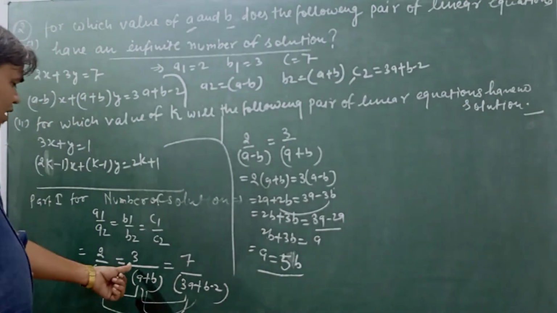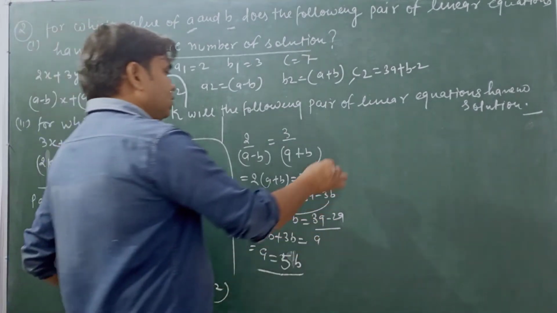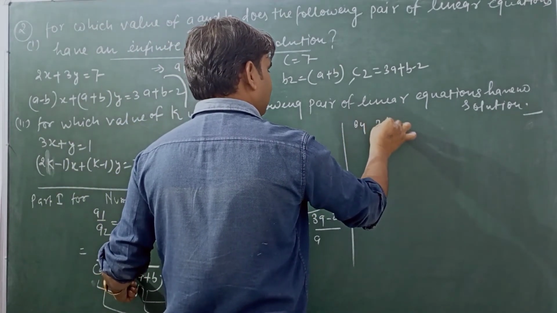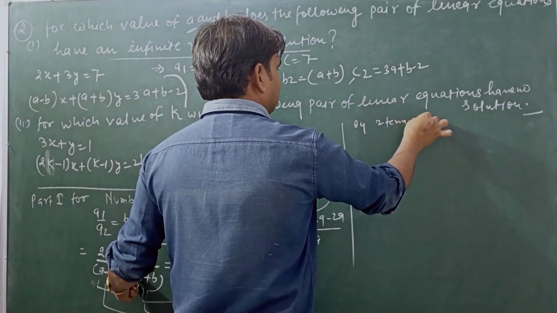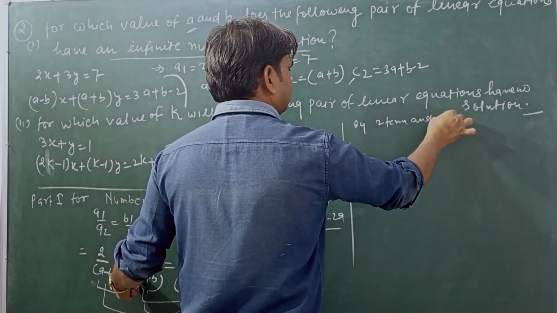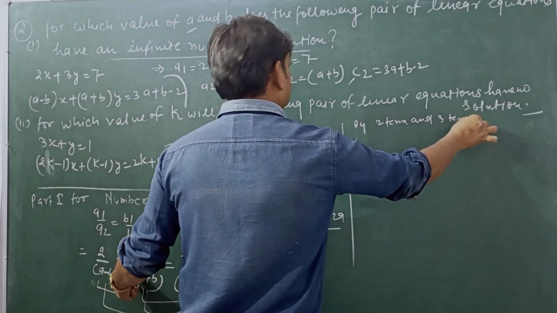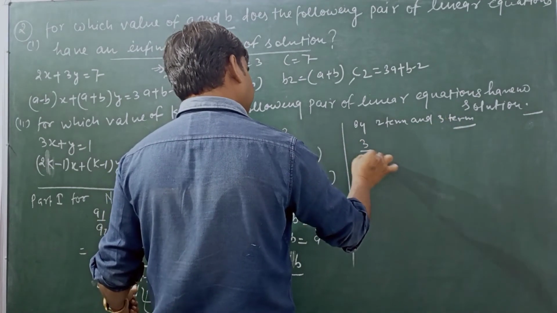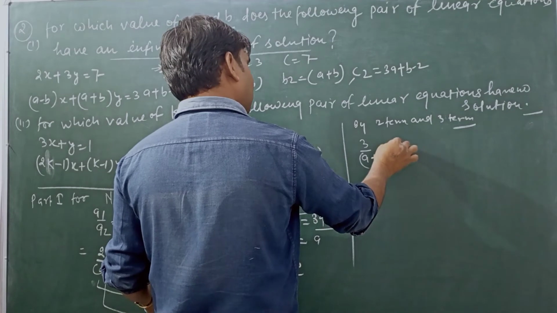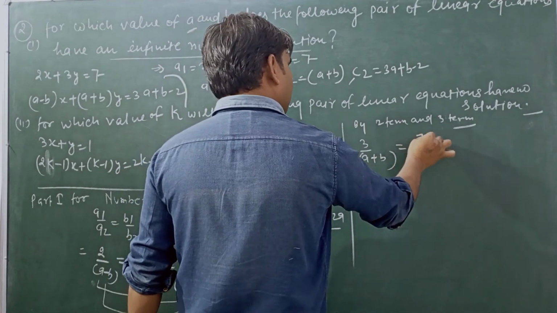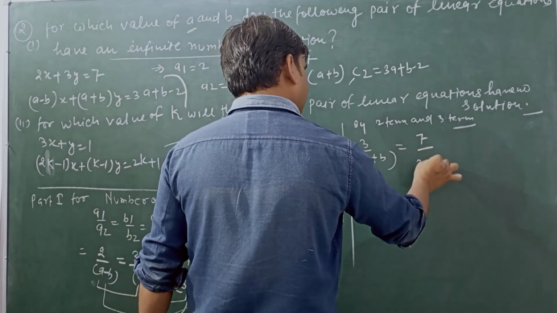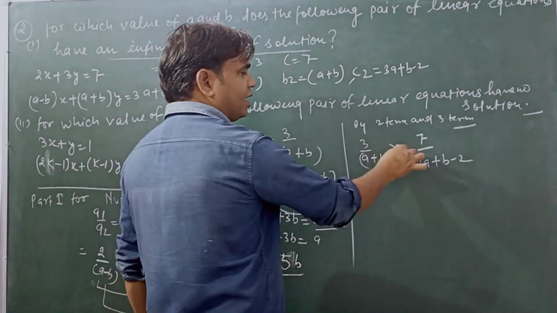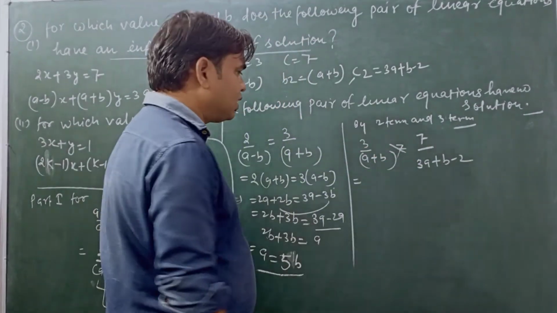Now let me see the second term and third term comparison: 3 over a plus b equal to 7 over 3a plus b minus 2. We can cross multiply it here, students.